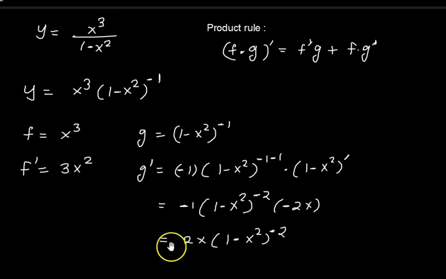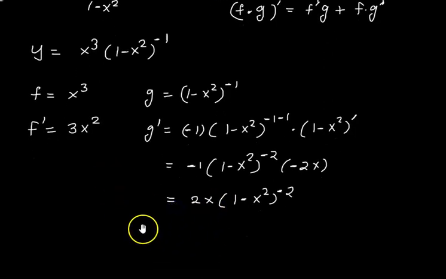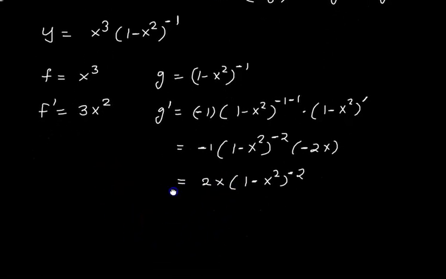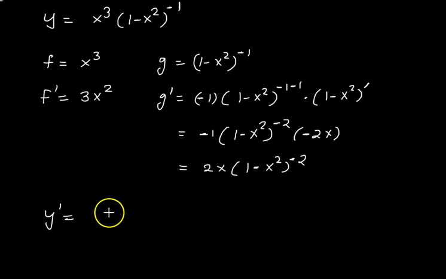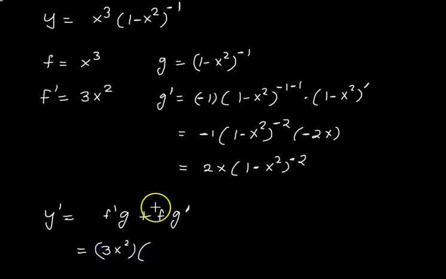And next we plug these two values into the product rule. f dash is f dash g plus f g dash. So first we plug in f dash as 3x square. Keep g as it is, x cube, and g prime is 2x times (1 minus x square) raised to -2.